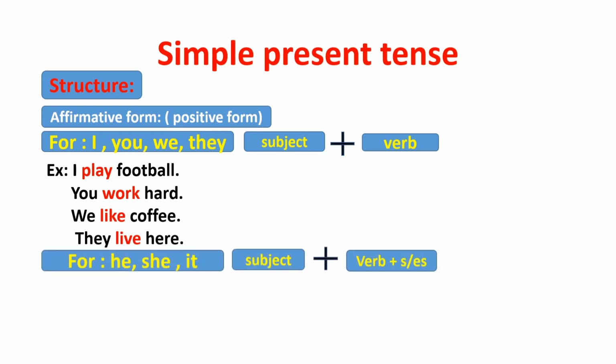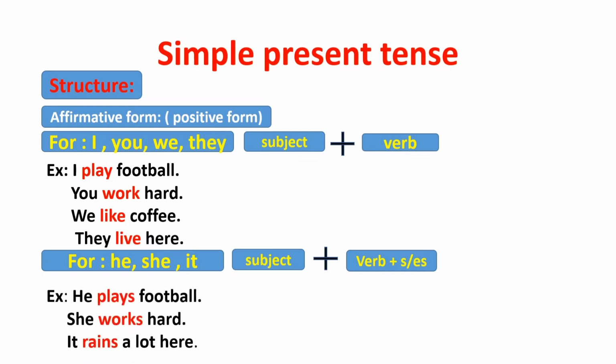But for he, she, it it is a little bit different, because after the subject we have verb plus s or es. Why are we using s or es here? Because for the singular subject we use singular verbs, and in order to make a verb singular we have to use s and es.